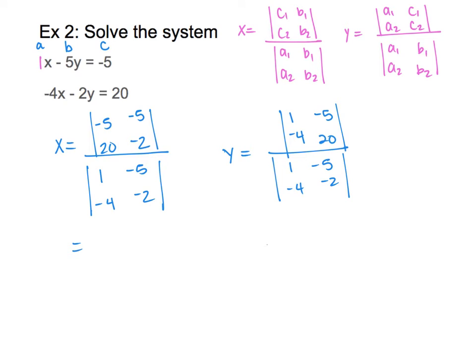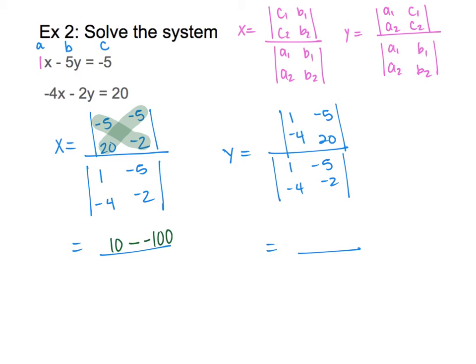And so if I work this out, I do need to keep track of the top and bottom separately for now. So the top part here, I have negative 5 times negative 2, which is positive 10, minus the other one here. If I take negative 5 times 20 gives me negative 100.